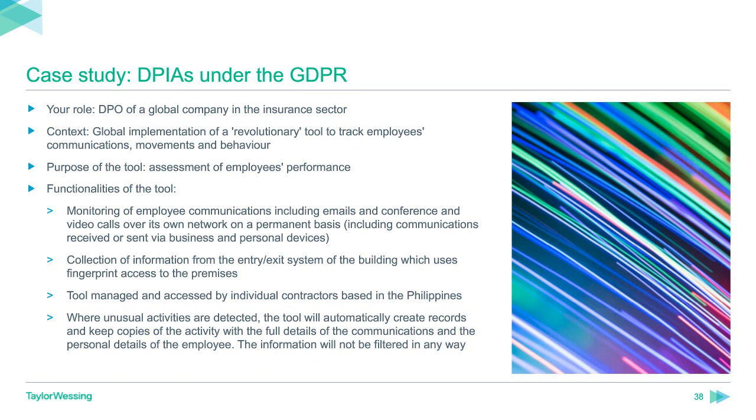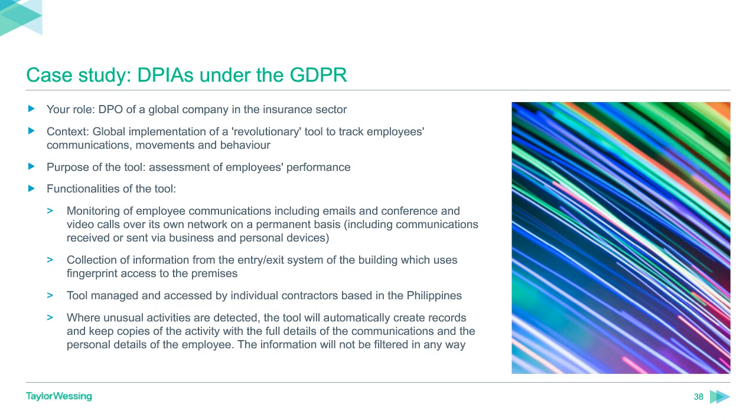If we start to look at the functionalities of the tool, we see there are some key elements we should be taking note of. For example, the monitoring of employee communications, including emails and conference and video calls over its own network on a permanent basis, including comms received or sent via business or personal devices. The collection of information from entry and exit systems of the building, which uses fingerprint access to the premises.